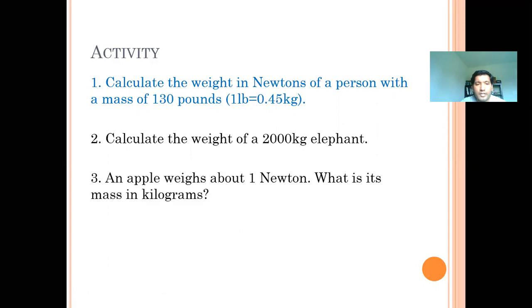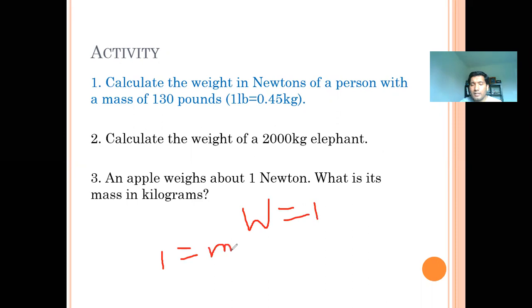An apple weighs about 1 Newton. Weight is given here. Now, what is its mass in kilogram? It's easy, right? Look here. W is given, 1 Newton. So, 1 Newton equals mass times 9.8, right?